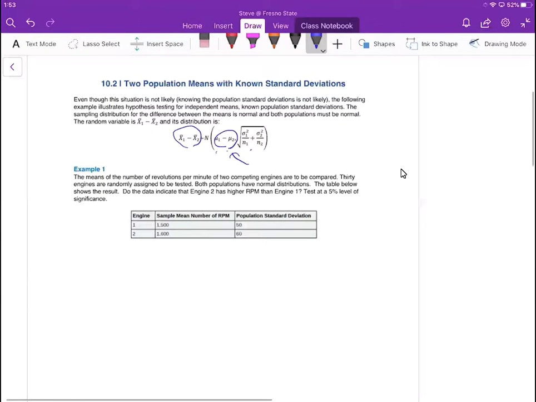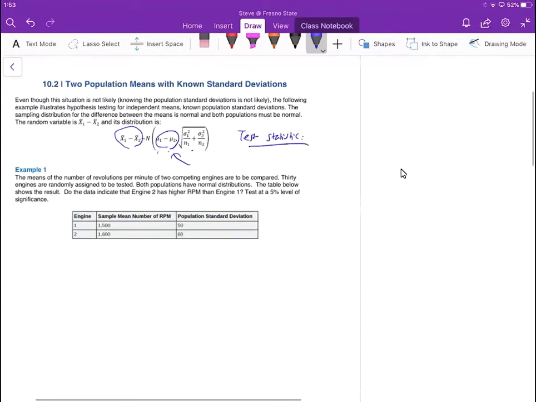So one thing that we have to note is that the test statistic, and we're going to call this in this section z, is x1 minus x2 divided by the square root of this whole thing. Okay, so keep this in mind.